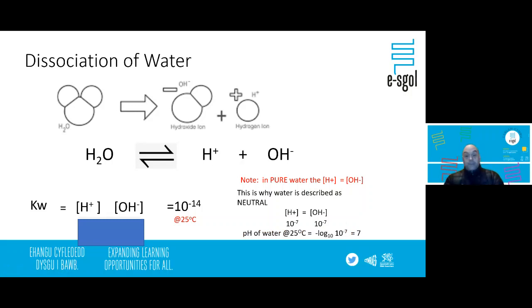Therefore, you can see here what I've done, just a quick calculation. I've done my minus log base 10 of the H+ concentration, and you get your pH of 7. So it just so happens at 25 degrees C, where we've got this Kw value of 10 to the minus 14, our pH comes out at 7.